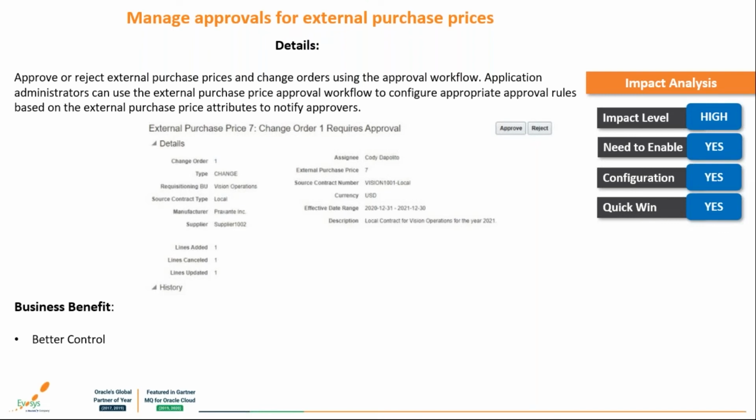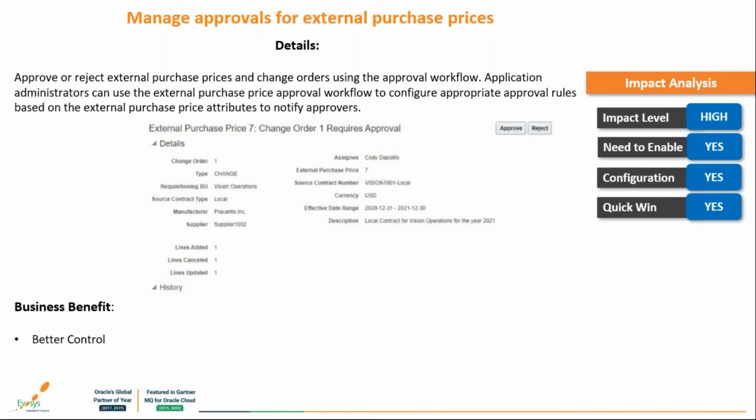On import, the external purchase prices and modification orders are immediately routed via approval and the approver chosen according to the approval rules are notified. Until they are accepted, the external purchase prices or change orders will remain in the pending approval stage. They will be moved to the approval status once they have been approved.